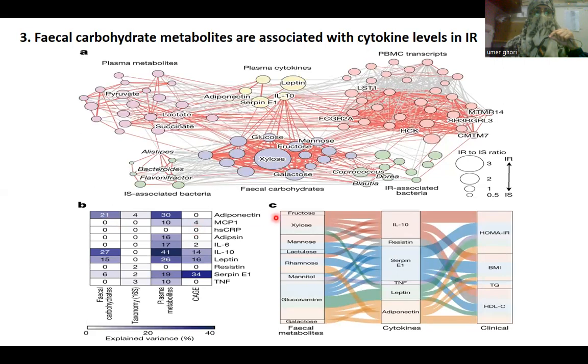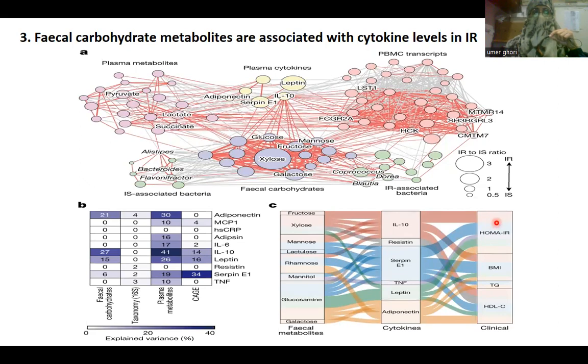Causal analyses were performed to check the cytokine mediated effects of fecal carbohydrates on host metabolism. It was found that interleukin 10, serpin E1, adiponectin, and leptin mediated most in silico causal relationships between fecal carbohydrates and host insulin resistance indices such as HOMA-IR.